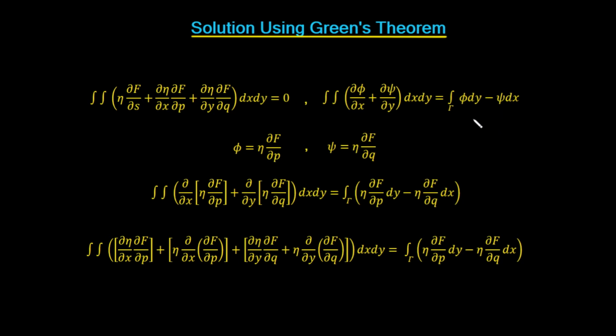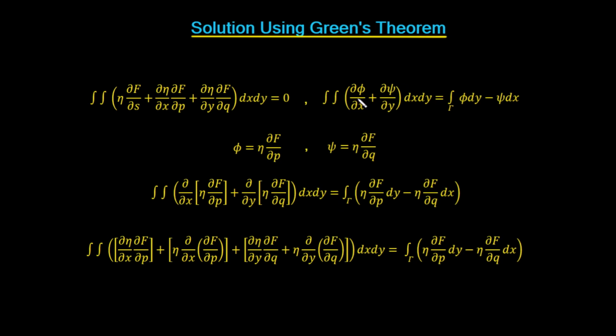We're going to have, instead of the phi, the value of eta partial f by partial p. So I've put that in here, eta partial f by partial p, and that's times our dy. And of course our psi here is going to be our eta partial f by partial q. So I've put that in here, eta partial f by partial q, and that's by dx.